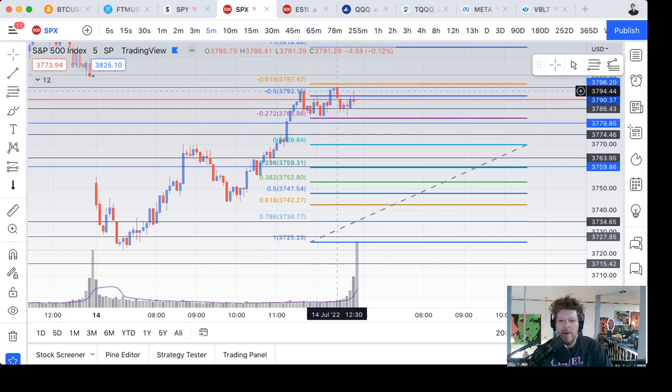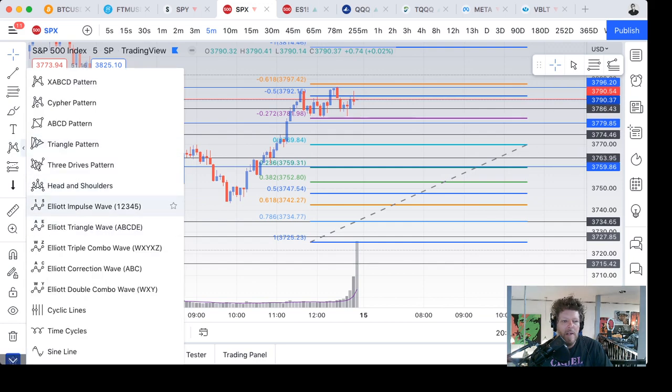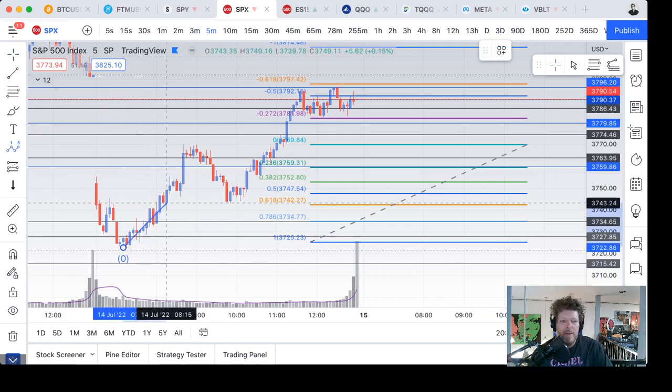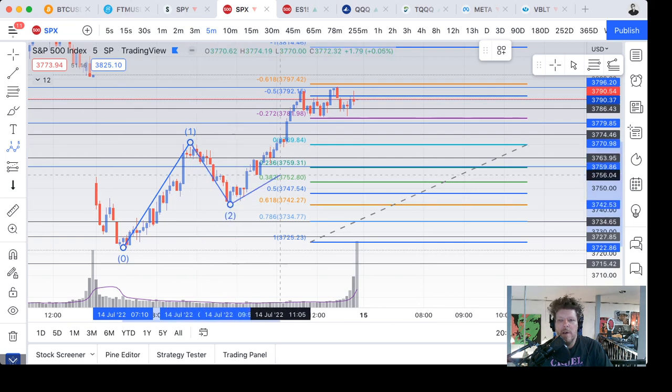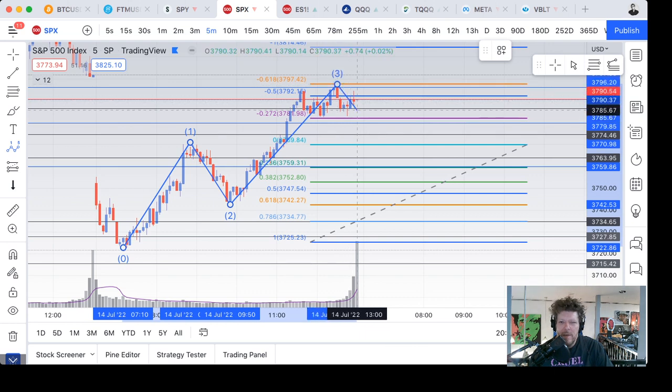So this is probably your tiny little wave 5 right here, or this could be still part of the wave 3. I'll show you what I mean if I draw that. So here's your wave 1, wave 2, wave 3, wave 4.